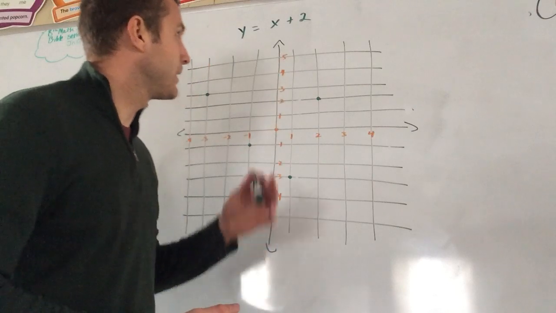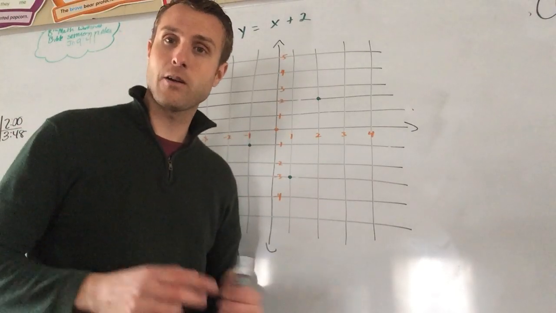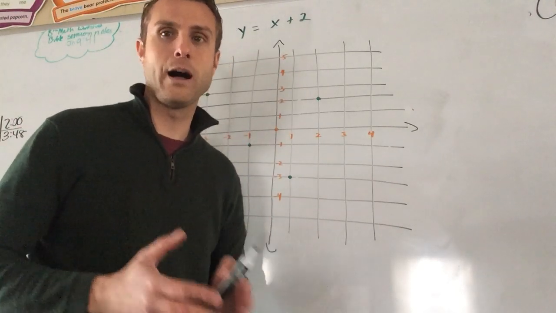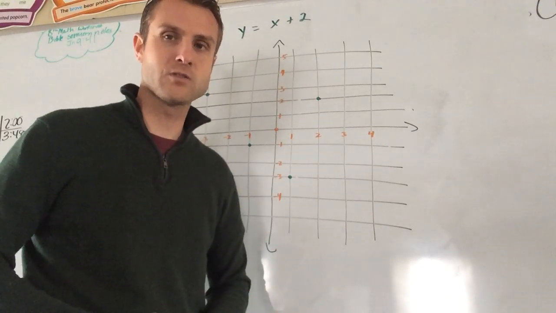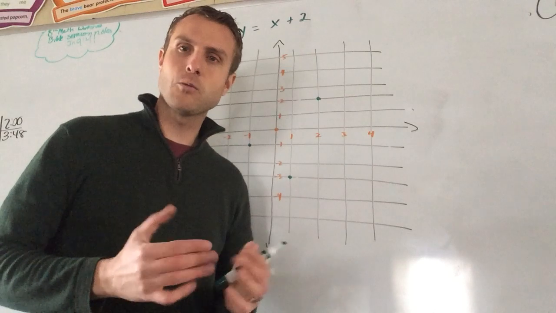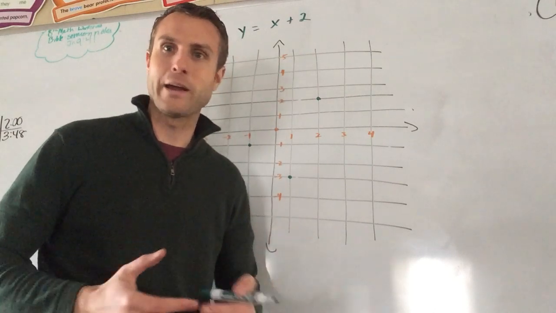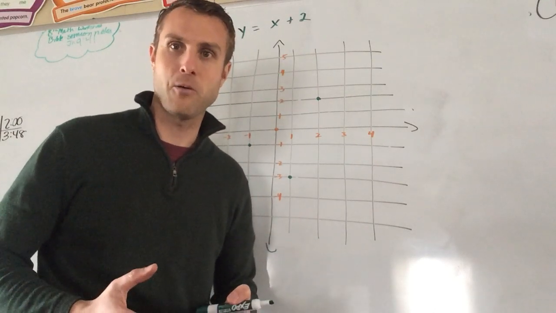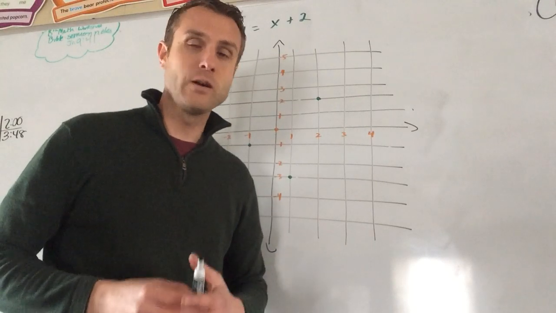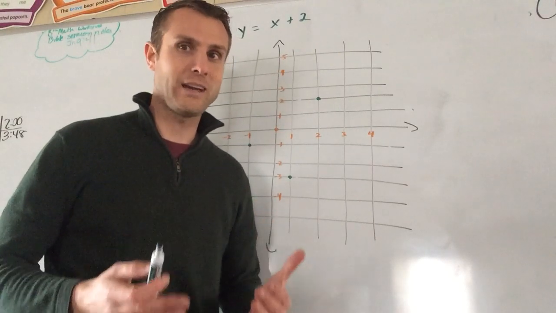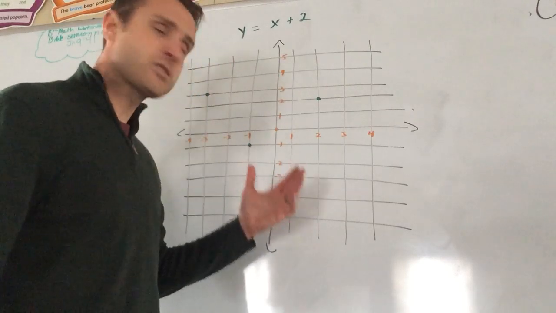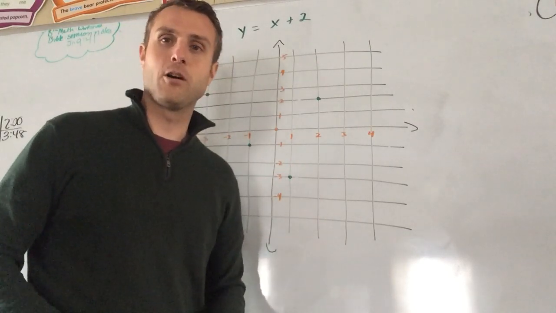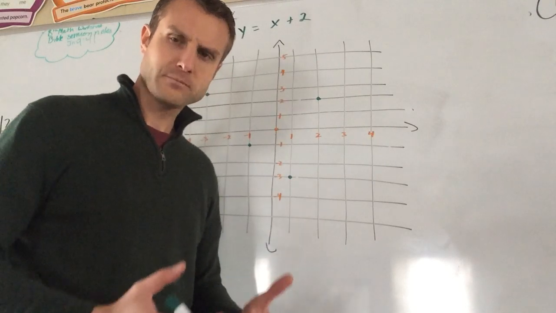So if it's an equation with only two variables or less, a y or an x or both, we could use other variables, but normally we're going to use y and x, and neither one of those has an exponent, it's not squared or cubed or to the fourth power, the equation is going to look like a straight line, a linear equation.